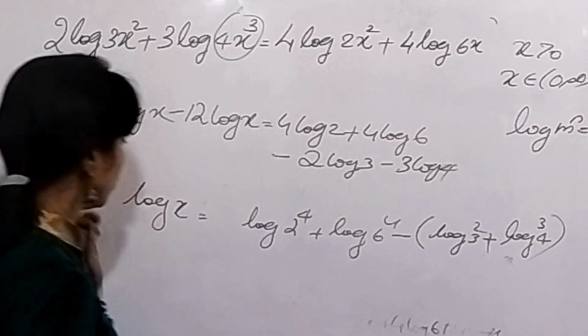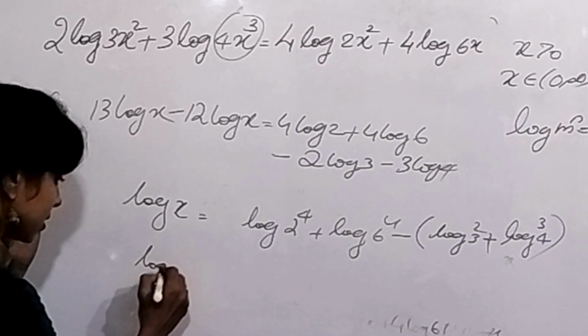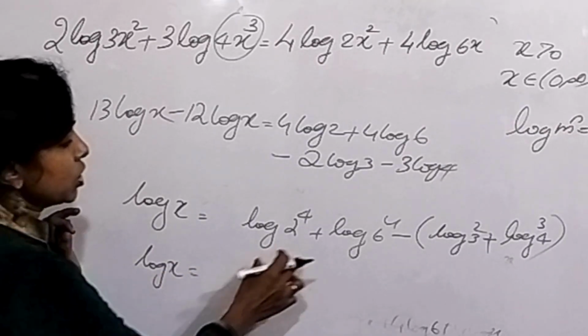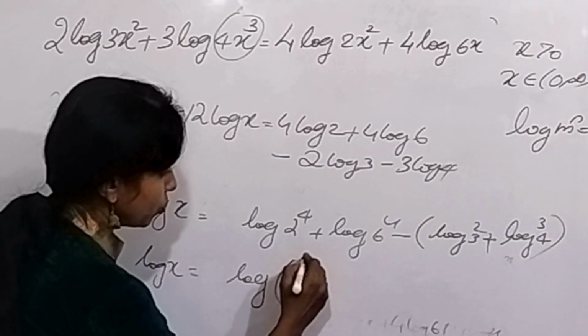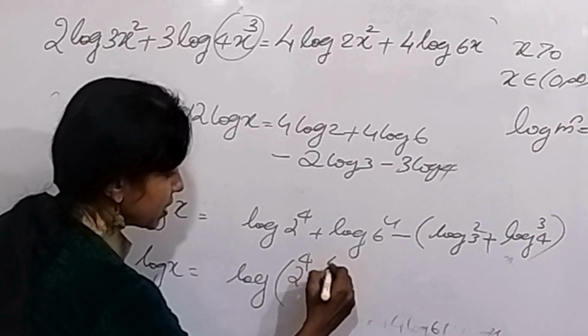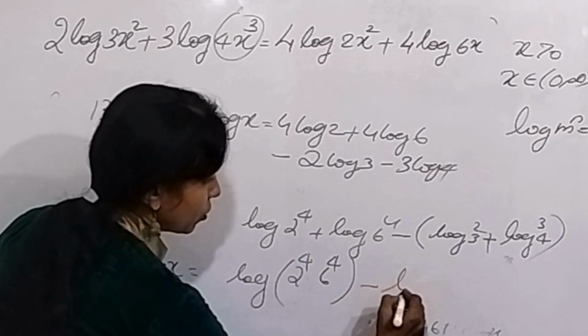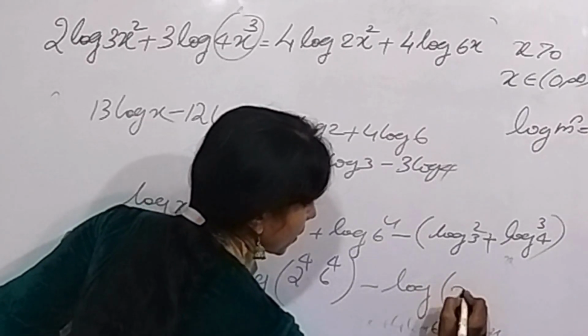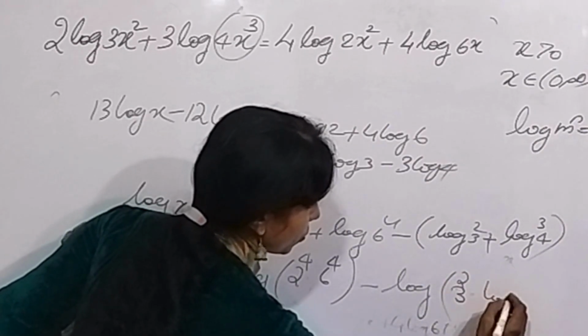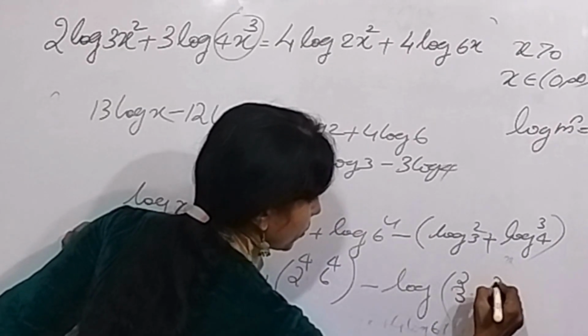Okay, so now it is log x is equal to, this is a product rule, so we can write it as log of 2 raised to 4 into 6 raised to 4. This one also a product rule, we can write it as log of 3² into 4³.